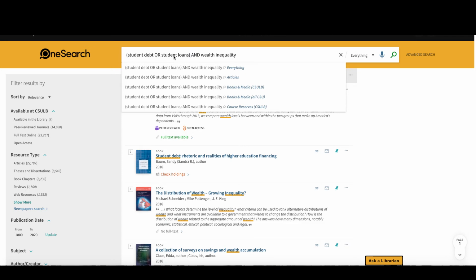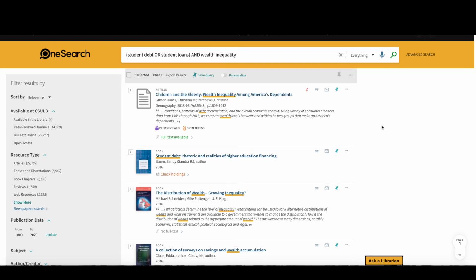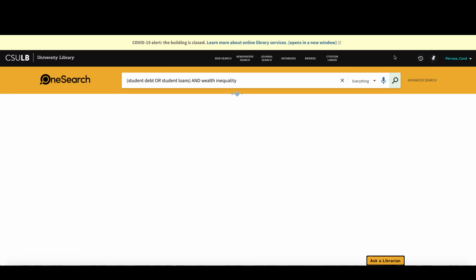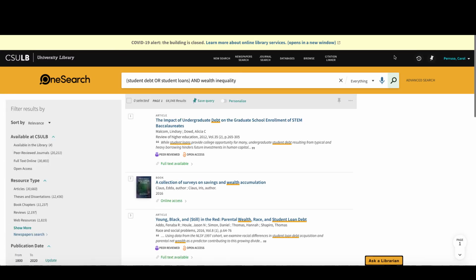So we're saying for this concept, we'll take either of these terms, and then we want it matched with wealth inequality. So this should increase our number of results. And it did. It increased it to 64,000. So it was good that we added that, because there are a lot of articles or books about student loans and wealth inequality that we would have been missing.